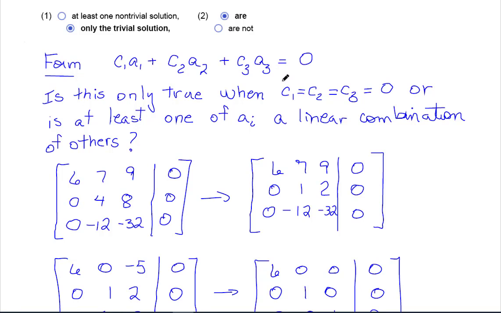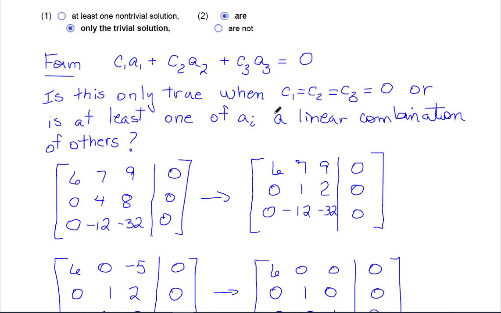And the question is, when I form this combination of vectors and I set it equal to 0, is this only true if C1, C2, and C3 are all 0?